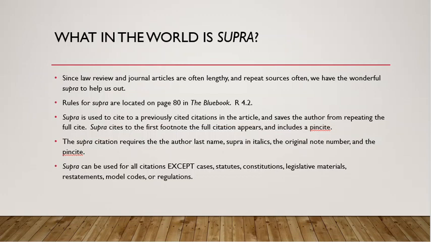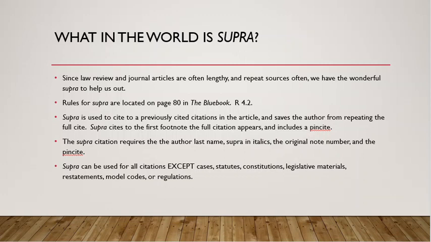Supra. Let's talk about the mythical supra. Since law review and journal articles are often lengthy and repeat sources, we have the wonderful supra to help us out. Rules for supra are located on page 80 in the Blue Book, Rule 4.2. Supra is used to cite a previously cited citation in the article and saves the author from repeating the full cite.